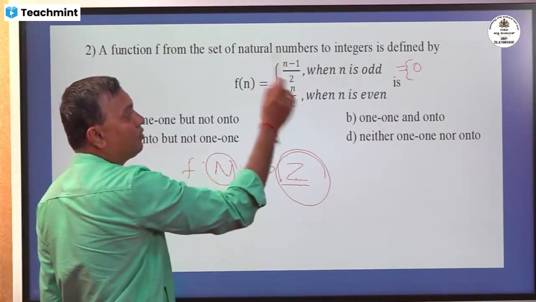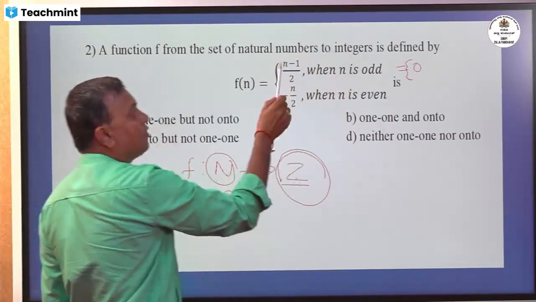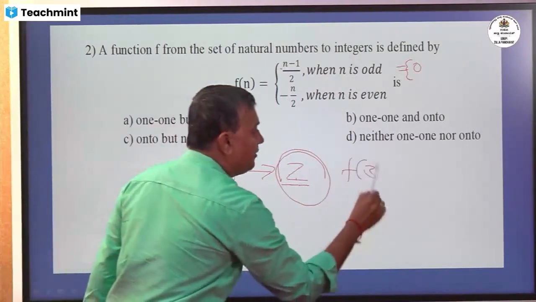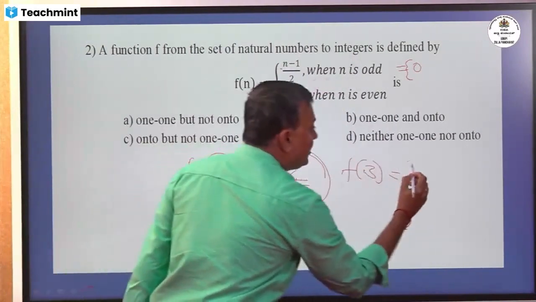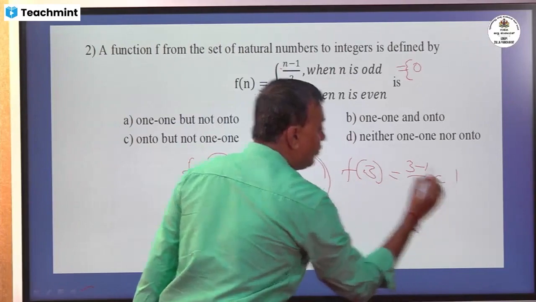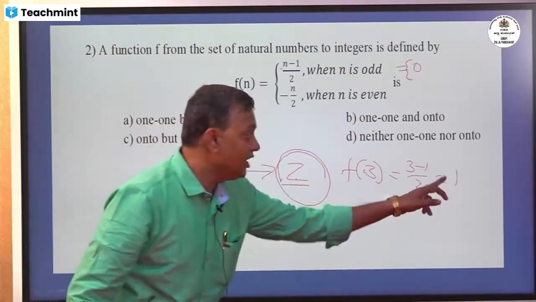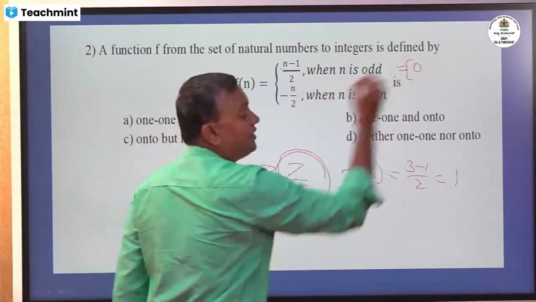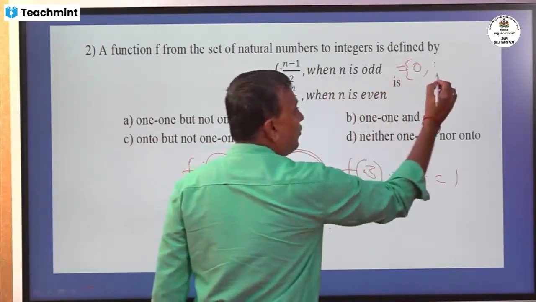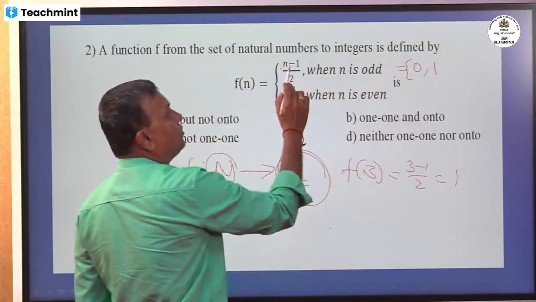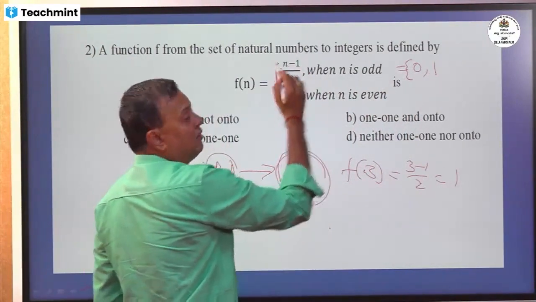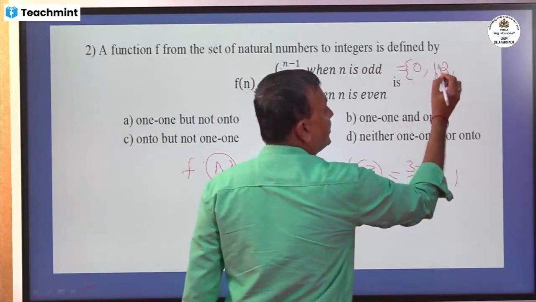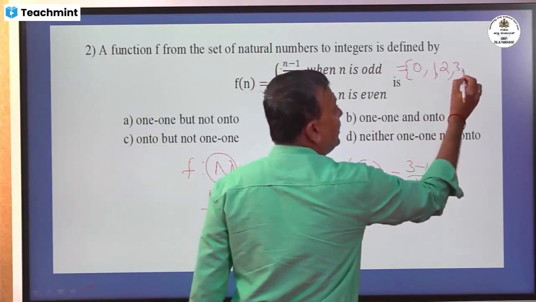When n equal to 1, 0. n equal to 3, what is f of 3? f of 3 is 3 minus 1 by 2, 2 by 2, 1. So the image of 3 is 1. The images of odd natural numbers are 0, 1. When n equal to 5, 5 minus 1 by 2, 4 by 2, 2. Correct? 0, 1, 2, 3, etc.